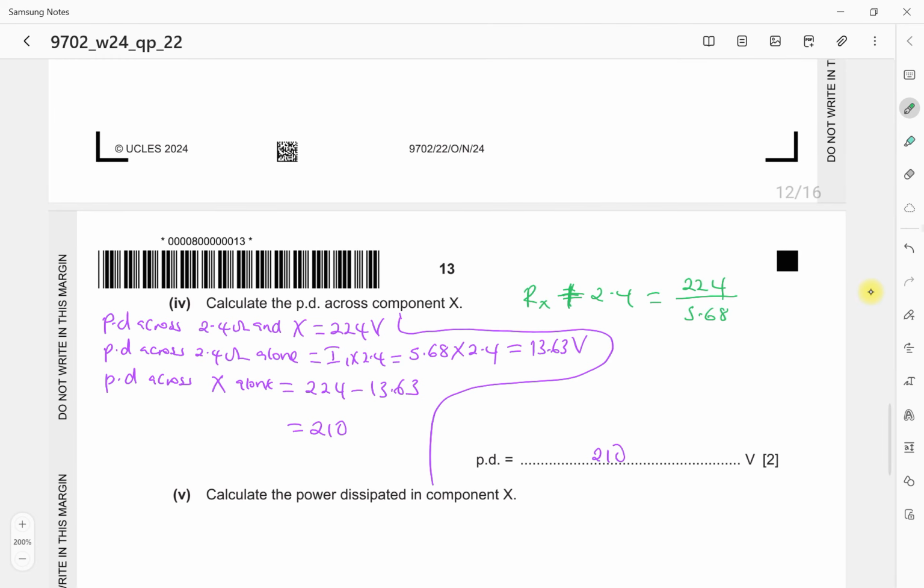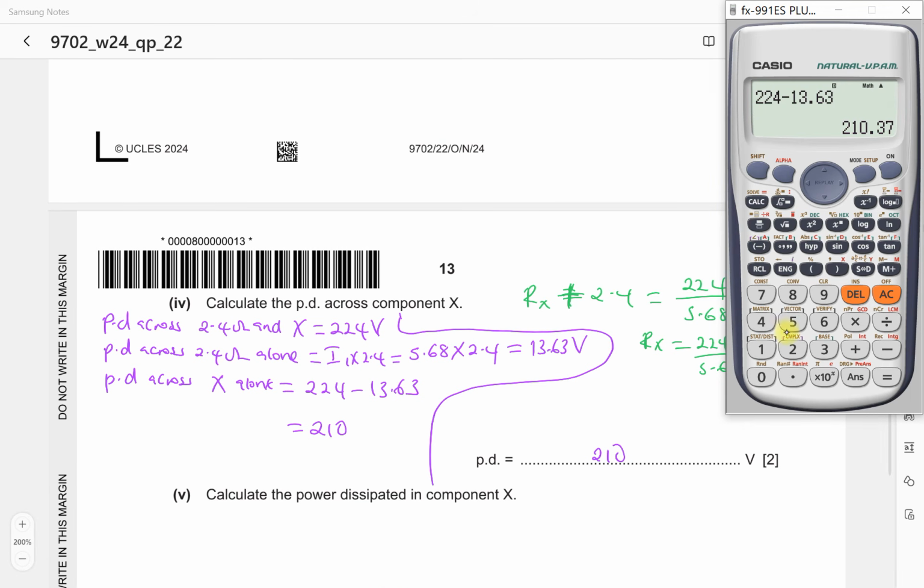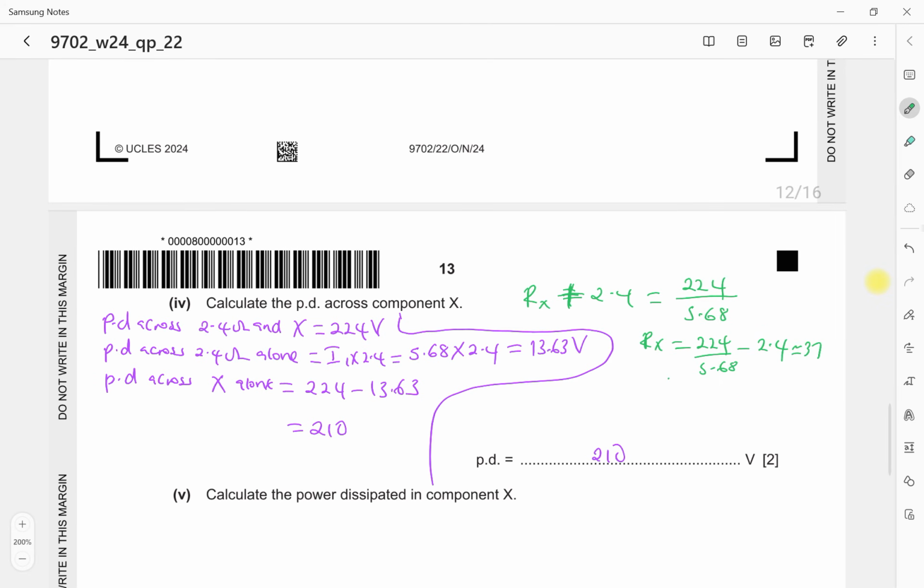So the resistance of X is going to be 224 divided by 5.68 minus 2.4. Let me try to subtract this. That is approximately 37. So this is approximately 37 ohms. That is the resistance of X.